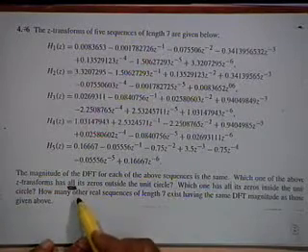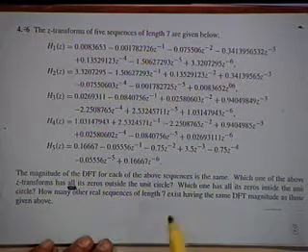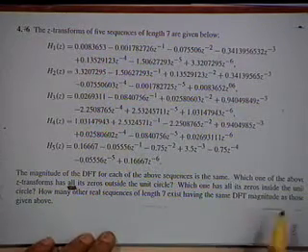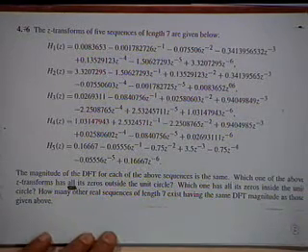All right? So what is the significance of the first statement? The magnitude of the DFT of each of the following sequences is same. You do not use the last statement. The last part of the question: how many other real sequences of length 7 exist having the same DFT magnitude as those given above?